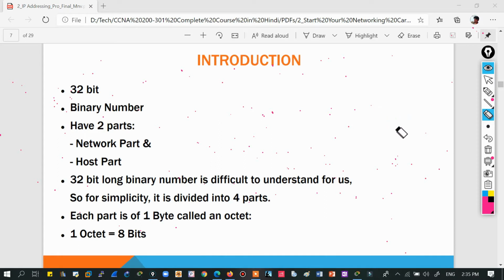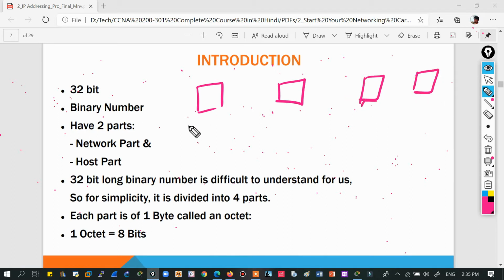See, if we have four computers like that, or any four devices, not just computers, it can be any host or device. This has 192.168.1.3, this 10.7.5.5, this 172.19.1.11, and like that.